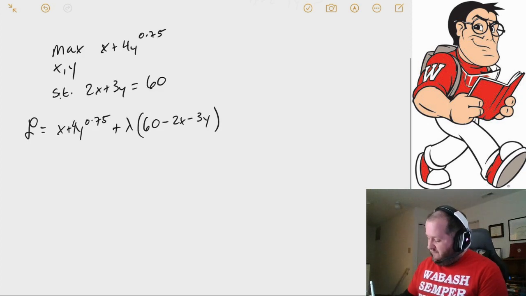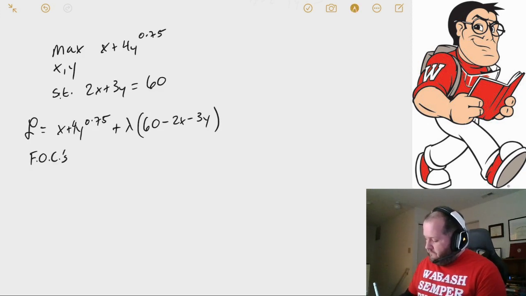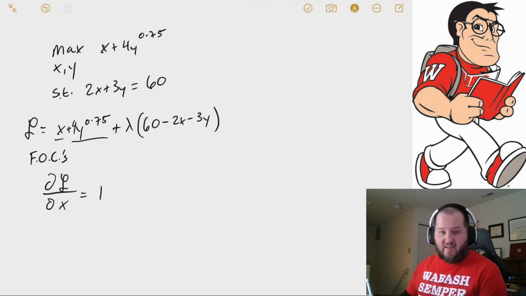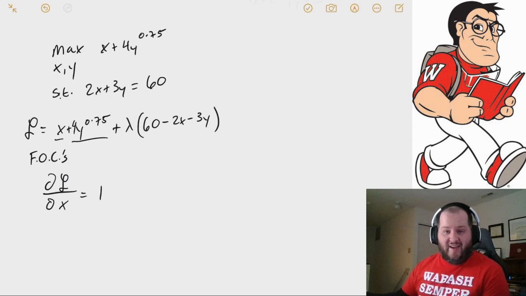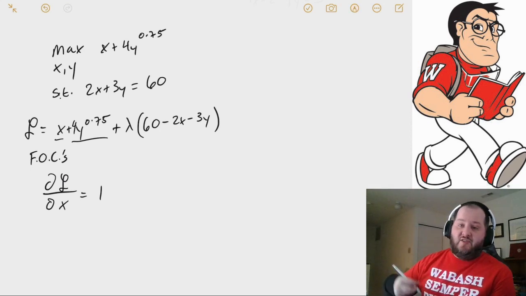Next step, we've got first order conditions. Derivative with respect to x. There's an x in this first term, so the derivative of that is just 1, but there's no x in this second term, so we treat that as a constant, and the derivative of that is 0.